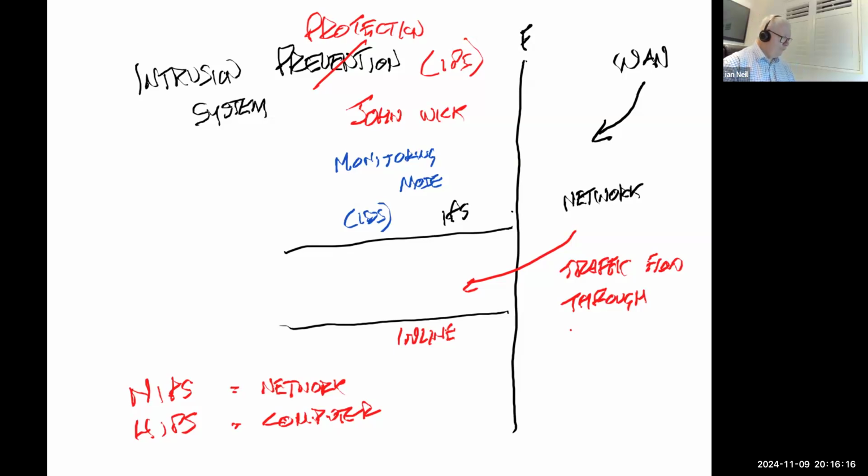Right. So we'll go from the IPS and we'll go on to an IDS. So I'll clear this screen and I'll just have my network. And I've got up here intrusion, and he is the detection system.